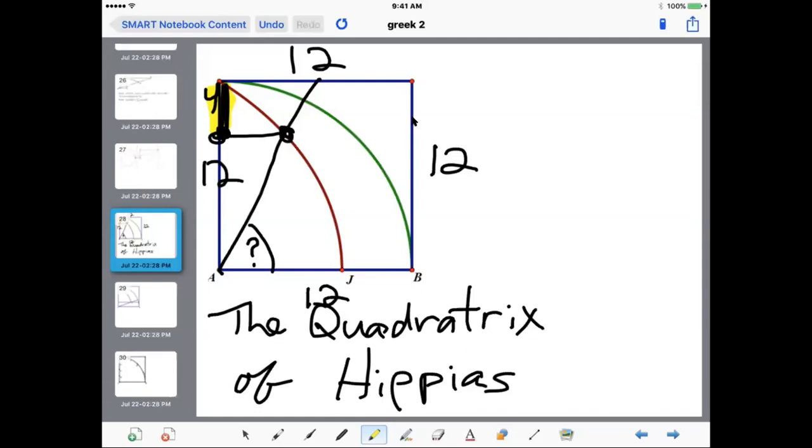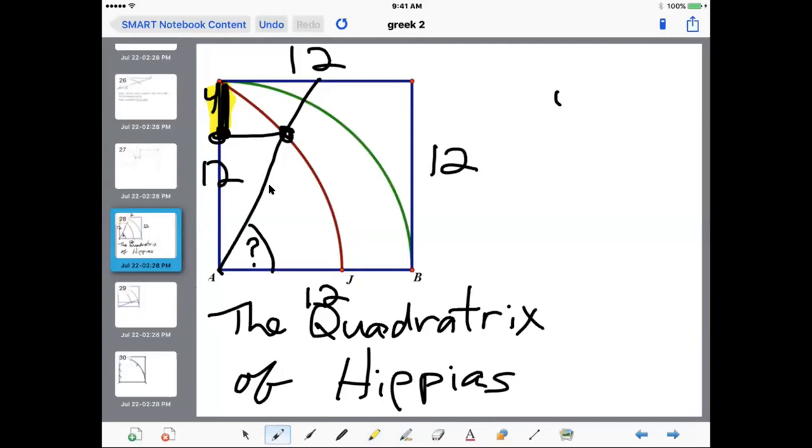Anyone have another suggestion? And I see 50 as a possibility, but it's not 50 either. And I see 65. And there I see the correct answer, which is 60.